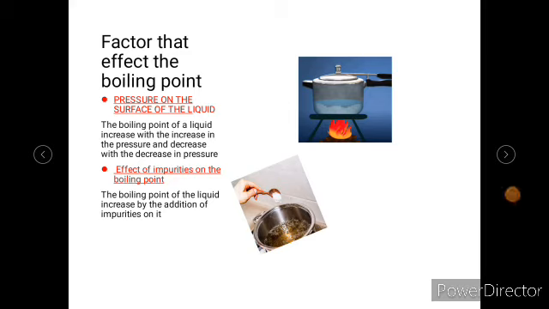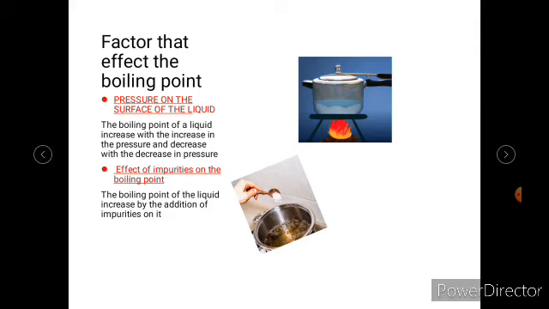Now we'll look at the factors that affect the boiling point. The first factor is the pressure on the surface of the liquid. If there is more pressure, the boiling point will increase.